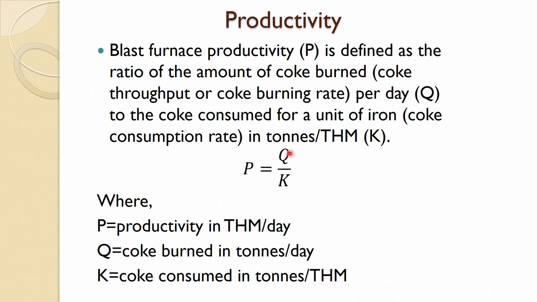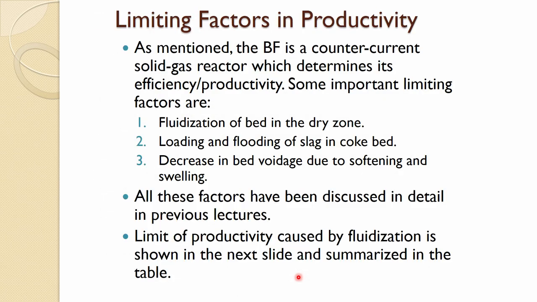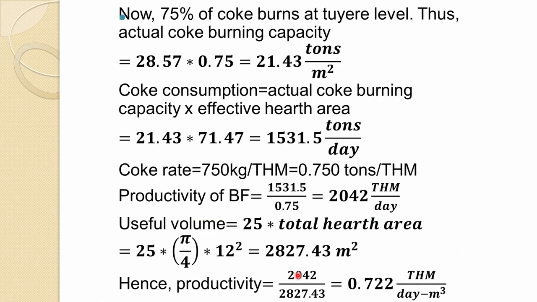So, we calculated the coke burned, and the coke consumed is the coke rate per ton of hot metal. You divide, so the productivity of the blast furnace is 2042 tons of hot metal per day.